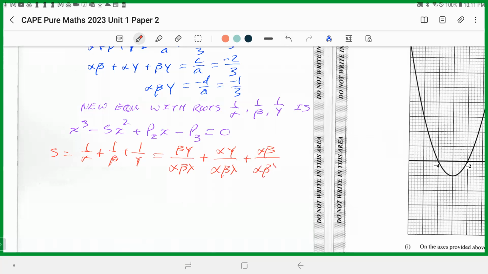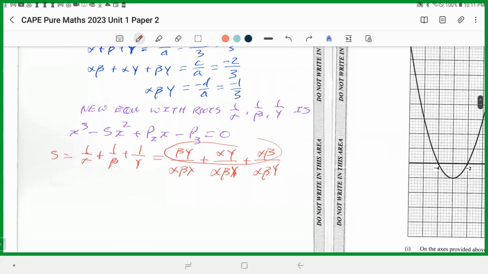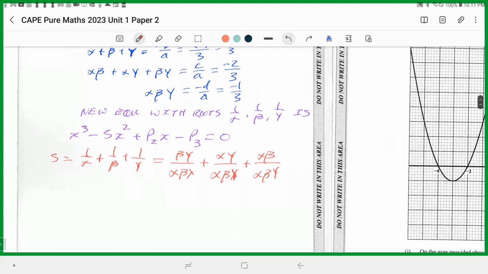So what you find on the numerator is the pairwise product. That's what this is, which is equal to this. And the denominator is the common denominator, alpha beta gamma, which is negative a third.